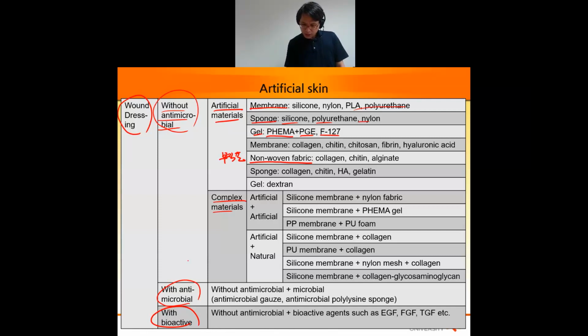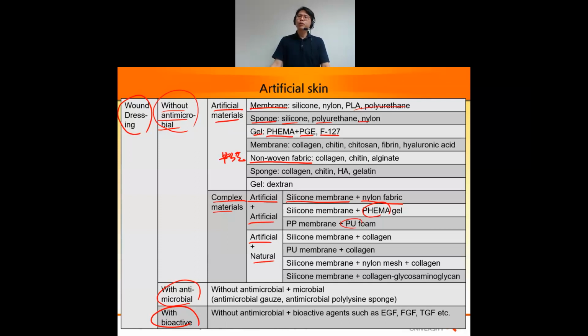And in the complex materials, there is a combination of artificial and natural. In artificial, silicone membrane and nylon fabric can be utilized, or PHEMA or PU foam can be utilized.